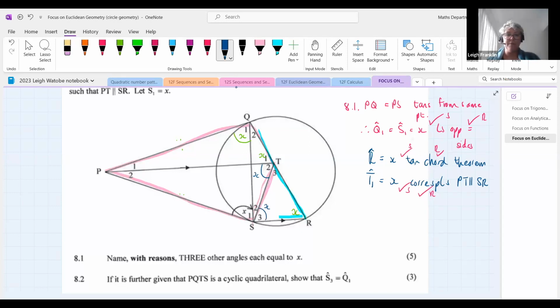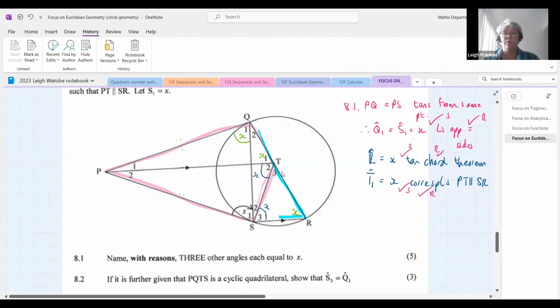Is everybody happy with that? So they've now told us the quad is cyclic. Cool beans. Okay, so let's just put that down. So in 8.2, they tell us the quad is cyclic. So that means T2 equals X because of angles in the same segment.